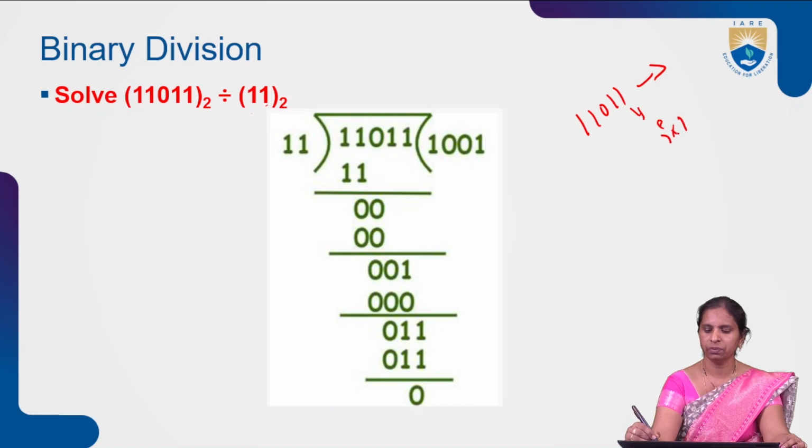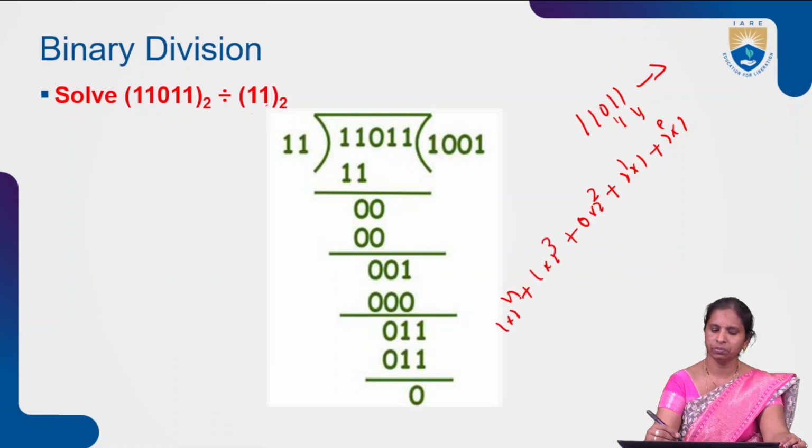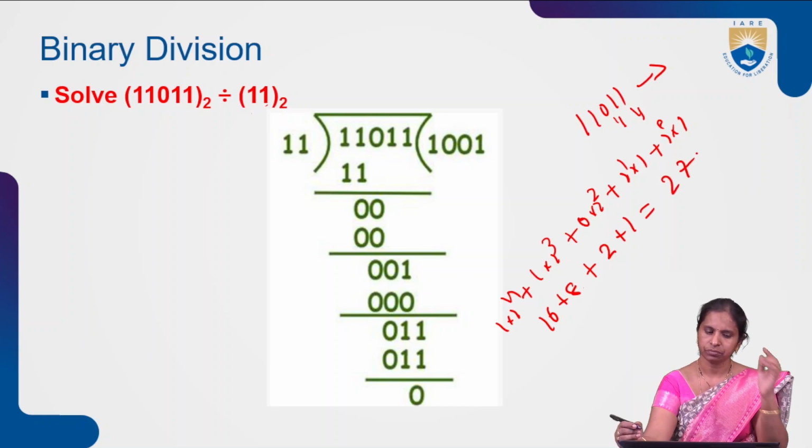So, 2 power 0 into 1 plus 2 power 1 into 1 plus 0 into 2 square plus 1 into 2 cube plus 1 into 2 power 4. So, 16 plus 8 plus 2 plus 1: 24, 26, 27.